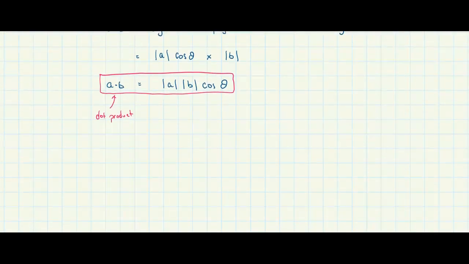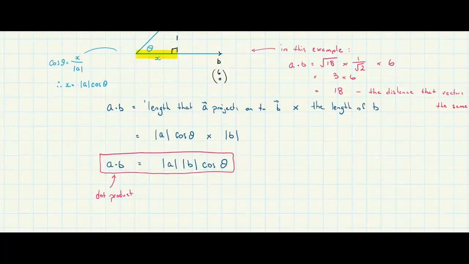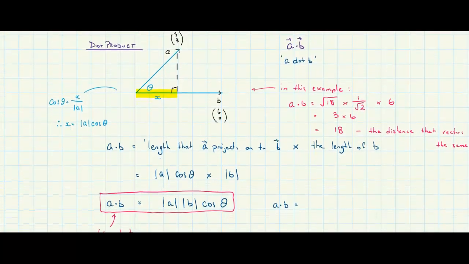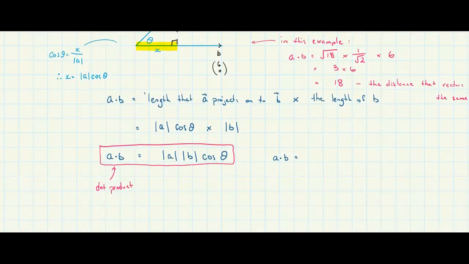Okay, so having a look at another example. Actually, before we go on to another example, I should show you the quick way, without using any trigonometry, of finding our dot product. For our example here, A is equal to 3, 3, and vector B is equal to 6, 0.